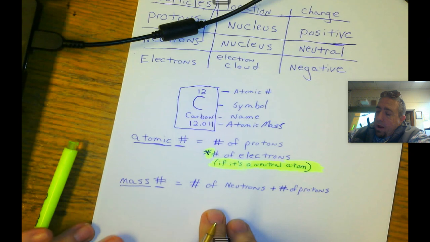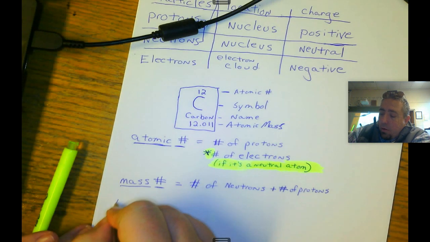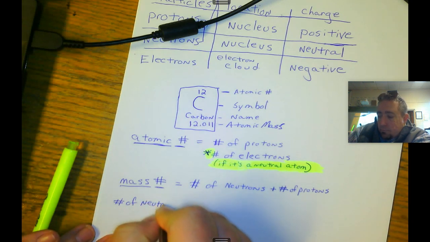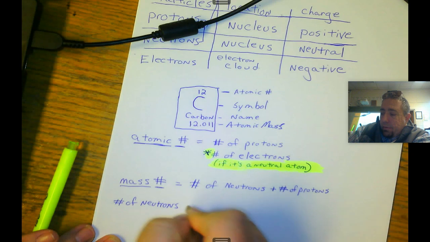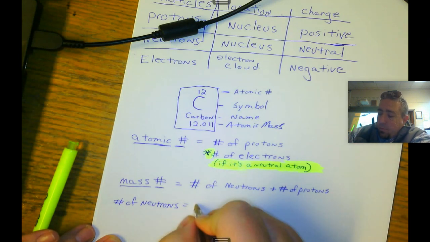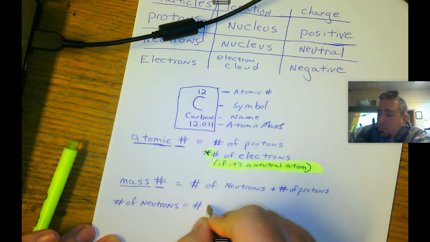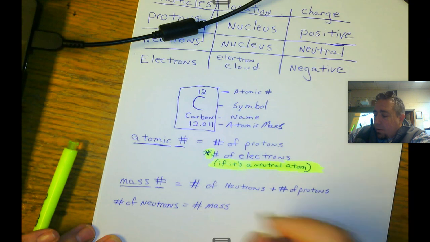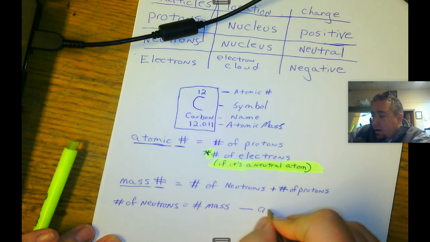What we have to do to find the number of neutrons is we take the mass number, I just wrote it backwards, minus the atomic number.